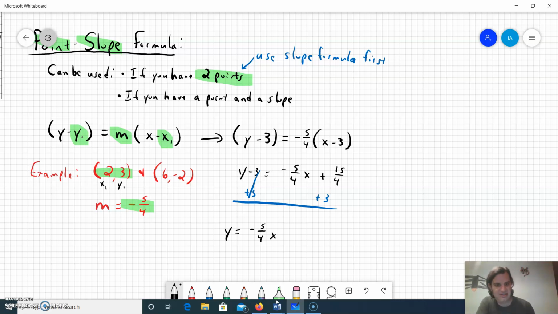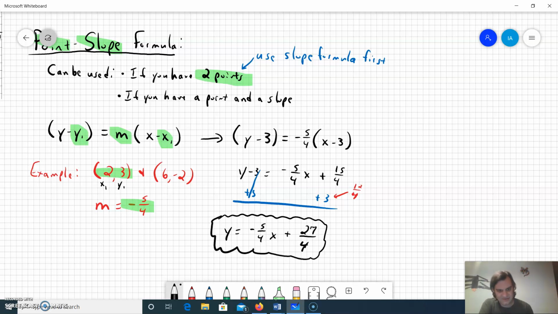If I have 10/4 and I add 3, which is really 12/4, I will have 22/4. Not something I was looking forward to, but it is a slope-intercept formula, and I know how to graph slope-intercept formulas.